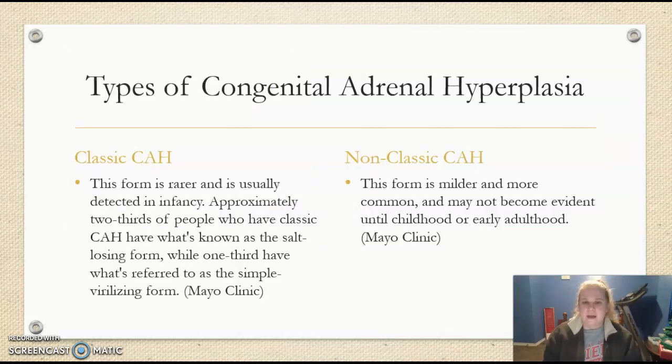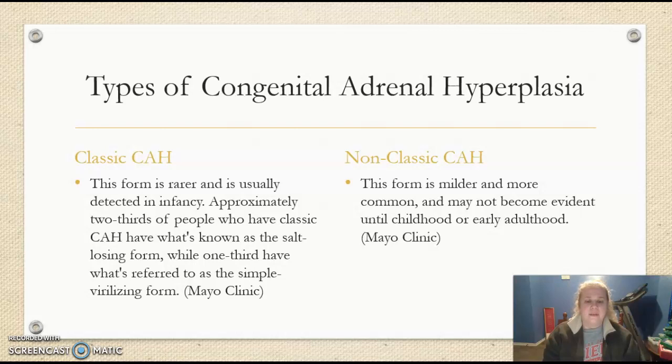There are two types of congenital adrenal hyperplasia defined by the Mayo Clinic. The first is classic. The classic is a rare form, and it's usually detected in infancy. It's a little more serious.